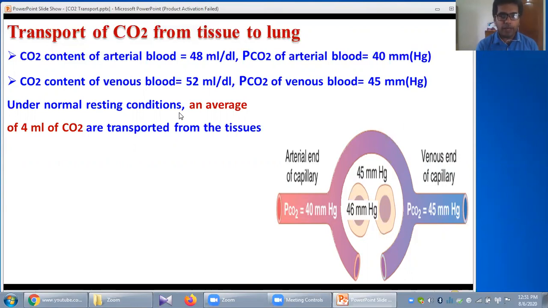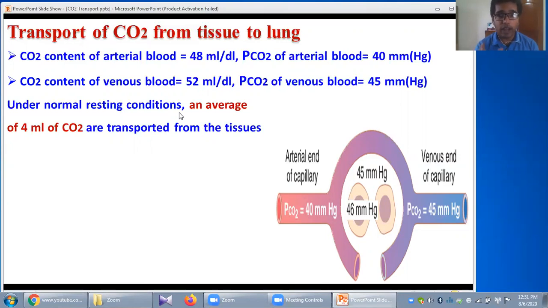From here, we can also calculate how much carbon dioxide will be produced by the tissue in 1 minute. Just I have shown here that if 100 ml of blood can remove 4 ml of carbon dioxide from the tissue, then how much carbon dioxide will be removed by 5000 ml or 5 liter of blood while passing through the tissue?